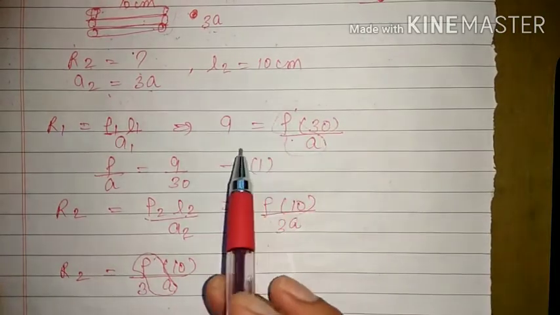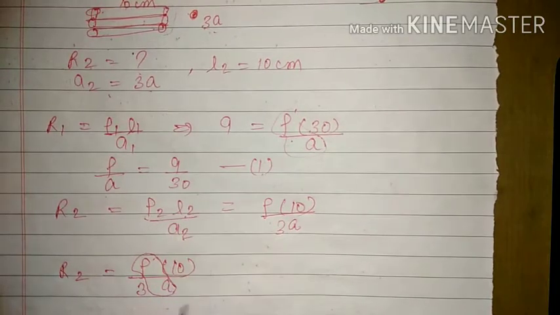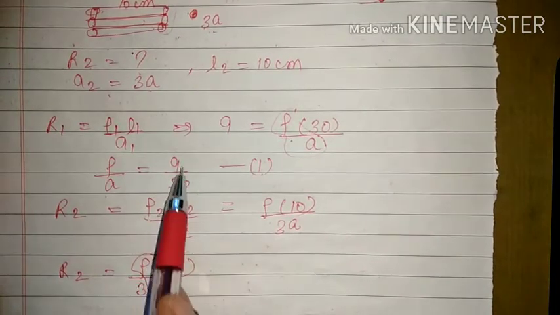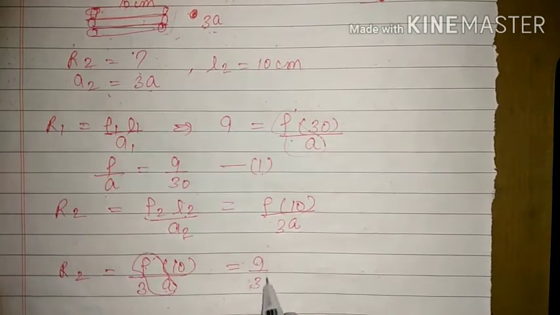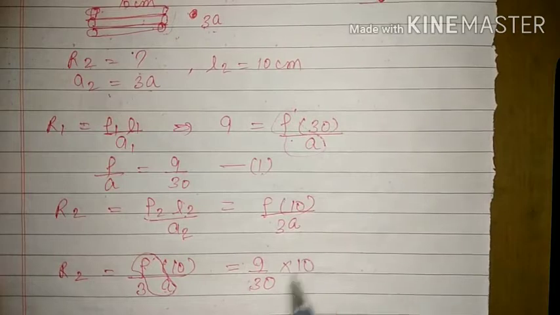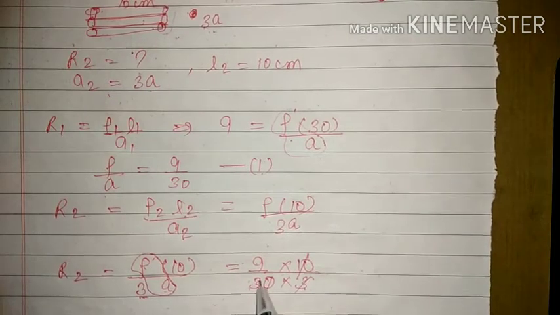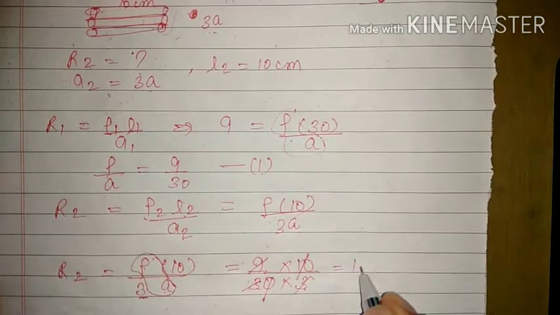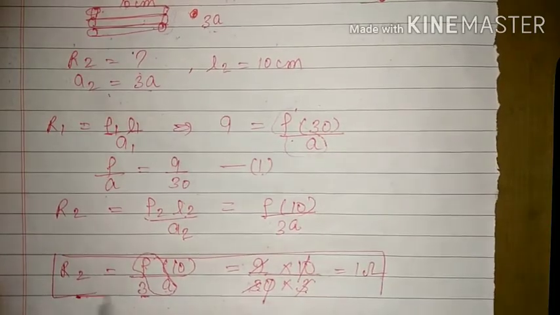From equation number 1, rho upon A is equal to 9 upon 30, so instead of rho upon A we can put 9 upon 30. The 10 was already there and the 3 was already there. 3 3s are 9, and 9 over 9 is equal to 1 ohm. Therefore, the new resistance will be 1 ohm.